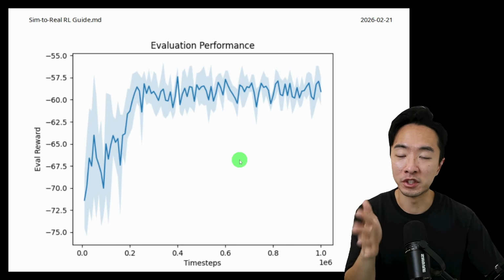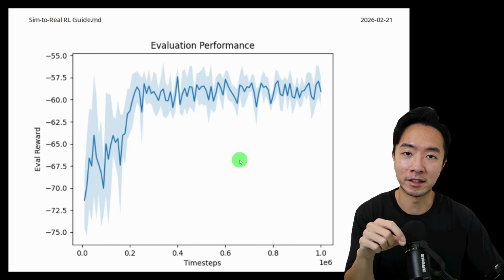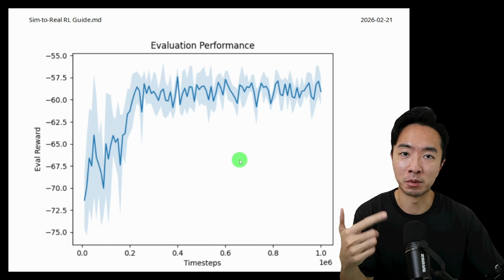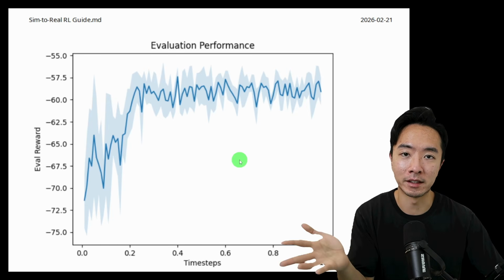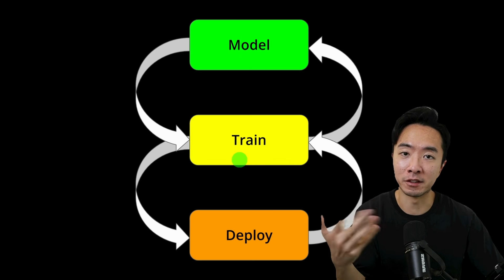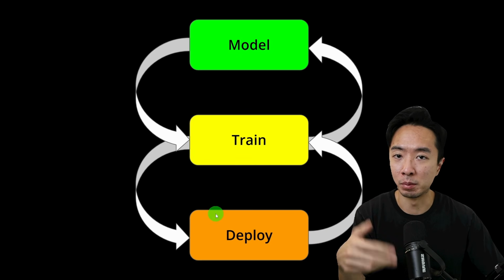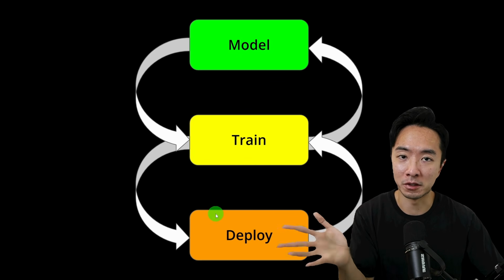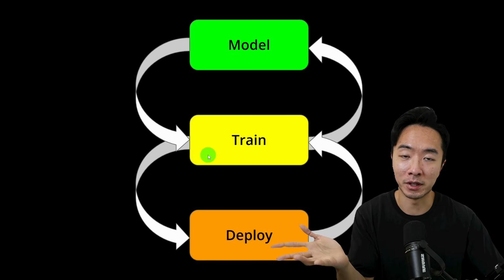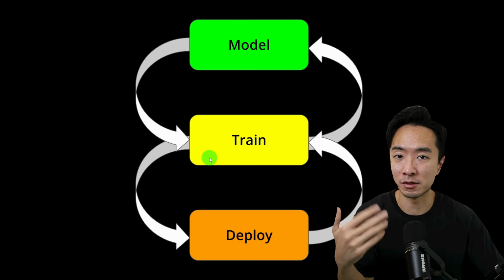So it was actually probably how you architected your reward. So you have to actually visually check the performance, because sometimes the data is only half the story. So this is why I say it's a very iterative process. You might have to deploy your model, whether that's in simulation or hardware, go back to the training process, see if you set it up correctly, and kind of keep repeating that process over and over again.